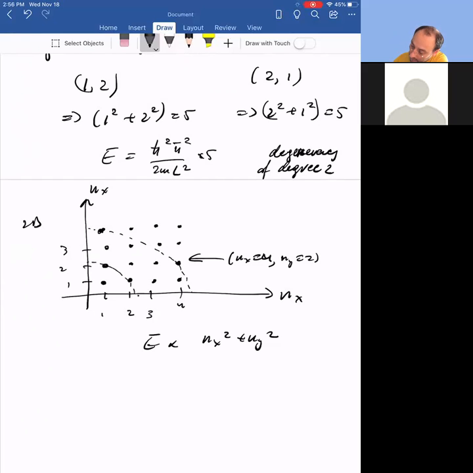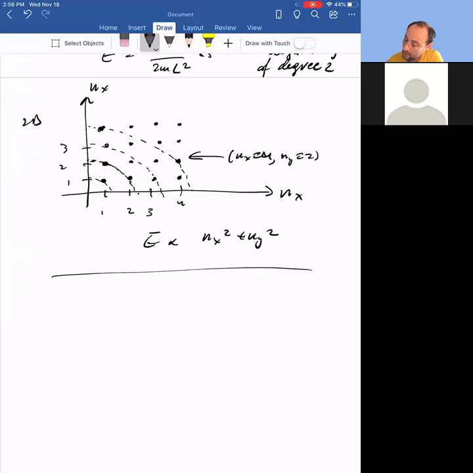So for example, like this, or something like this. The first energy level has no degeneracy, but the second energy level has a twofold degeneracy. This is in 2D, and in 3D, these are surfaces of a sphere, and the surface of a sphere will generally go through more points. So in 3D, you have a higher fold degeneracy.